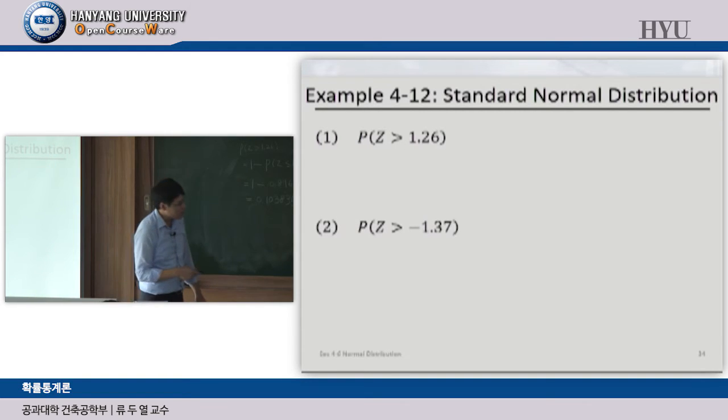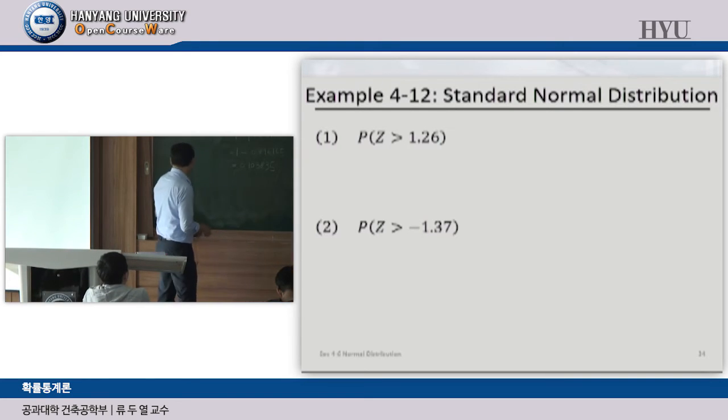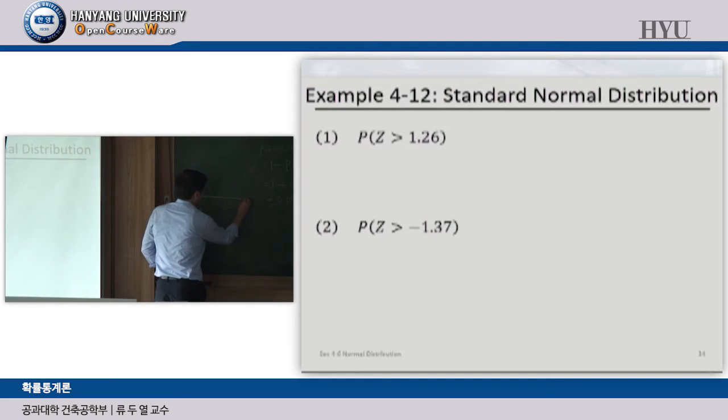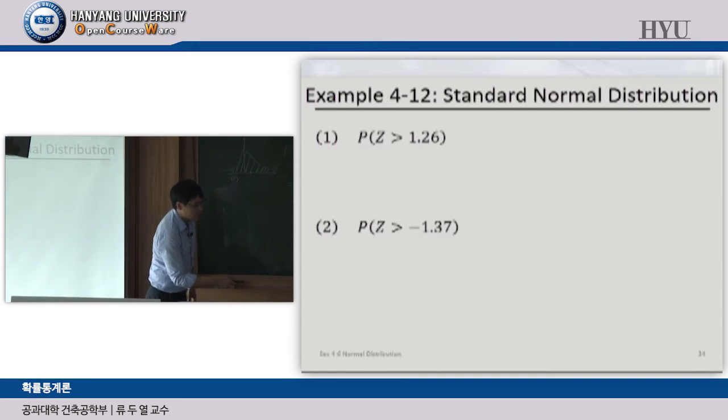And what is the probability of Z when Z is larger than minus 1.37? This expression indicates this shaded area, right?